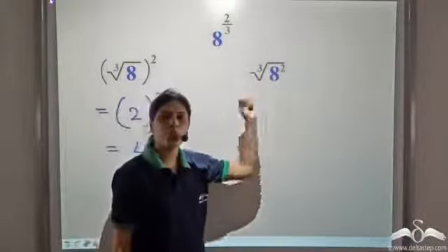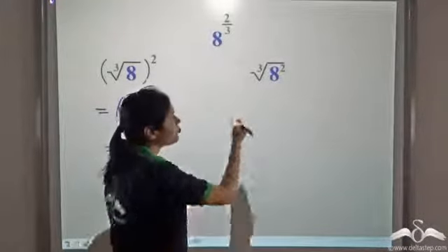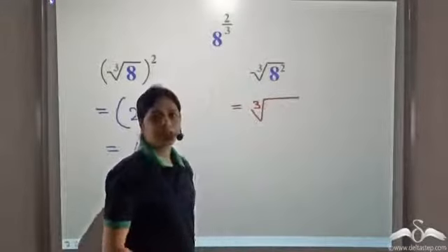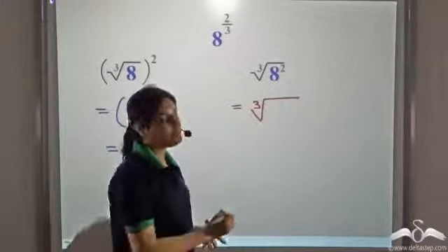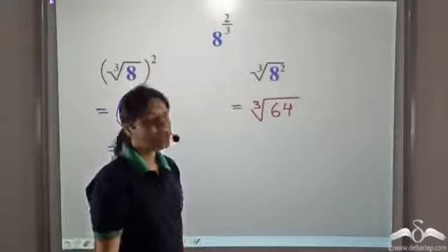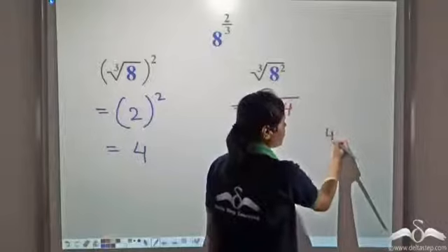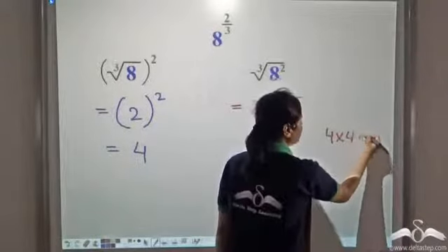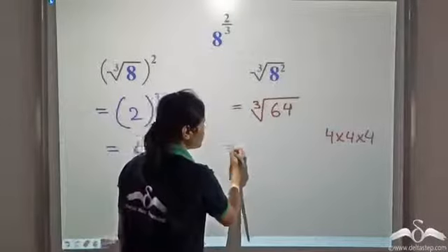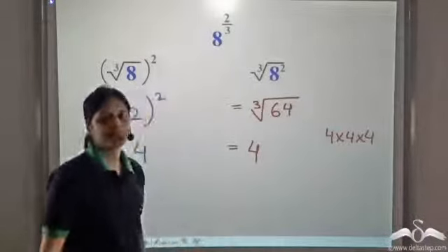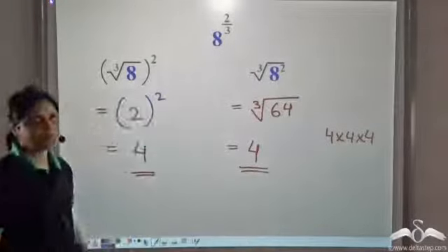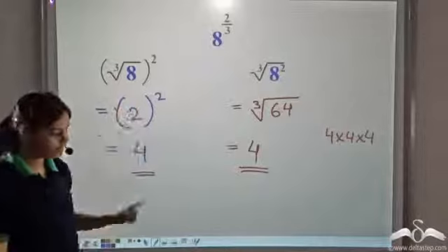This is cube root of 8 square. 8 square is 64. So this is cube root of 64. We know that 64 is 4 into 4 into 4. So the cube root of 64 is 4. So we see that we get the same answer in both the cases.